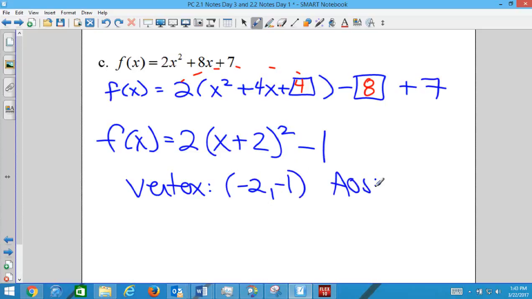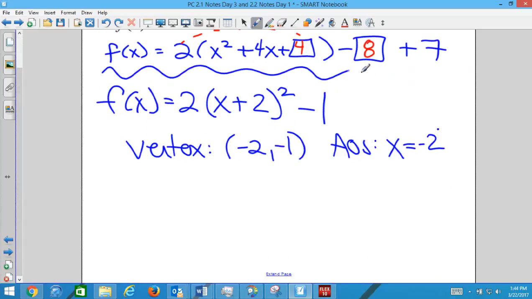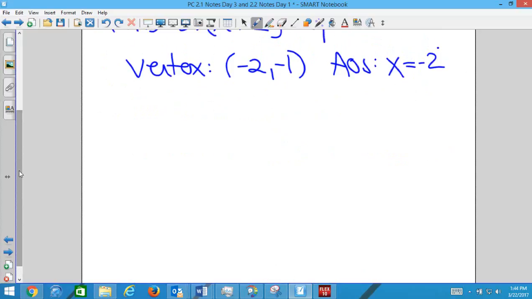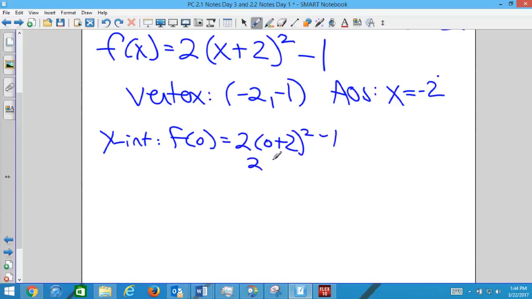AOS, x equals -2. Y-intercept, f of 0. We're doing 2 times 4 minus 1, 7.